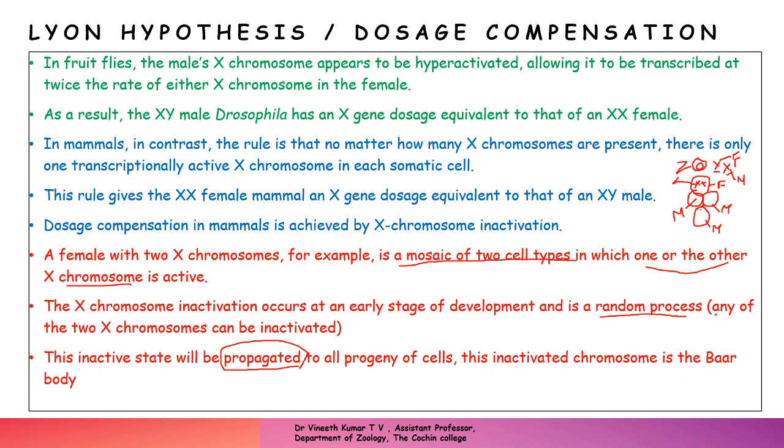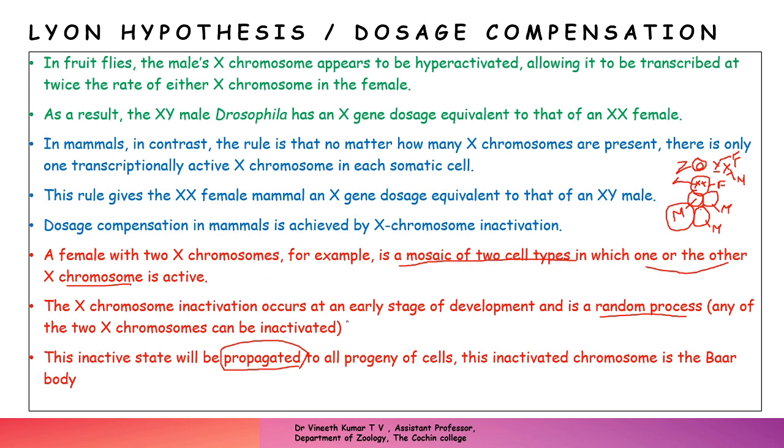Consider this other cell, which forms the dermal region underneath the epidermis. In that dermis, it is not the father's X chromosome, it is the mother's X chromosome that is inactivated.